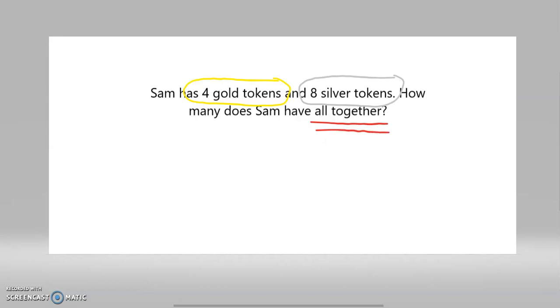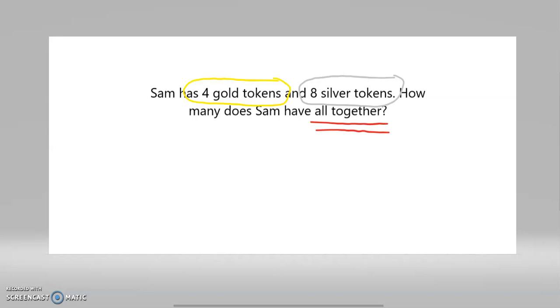Think for a moment now, does the word all together sound like an addition question or a subtraction? If you said addition, you're on the right track. If we're trying to figure out how much is all together, it means that we're going to be putting small groups together to find out how many there are in the whole group.